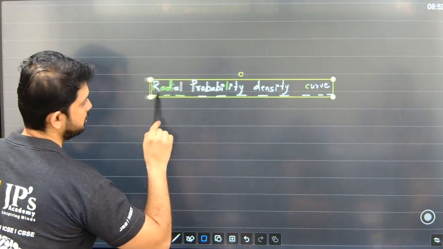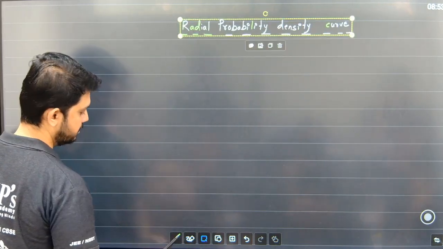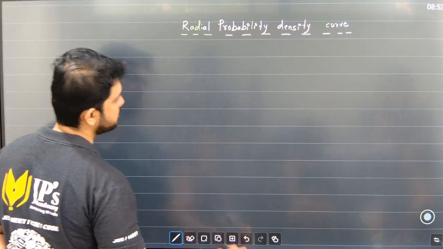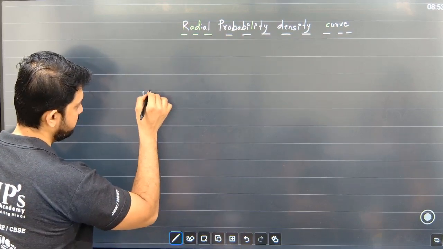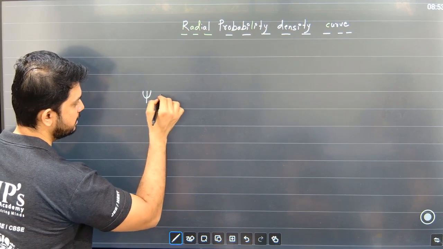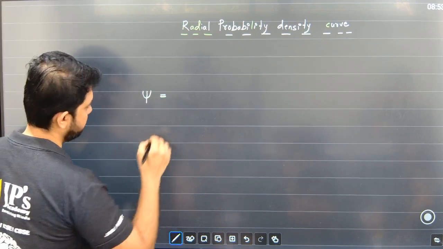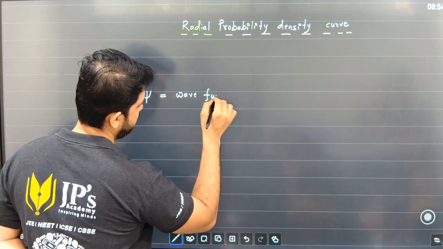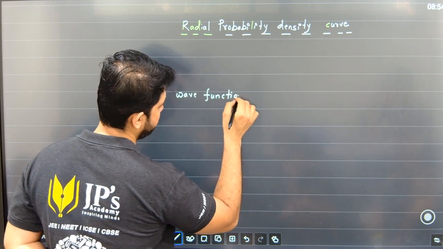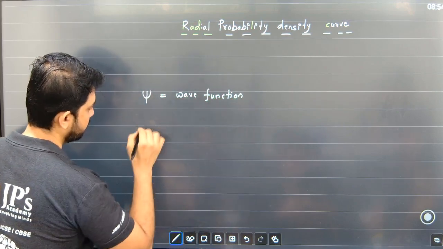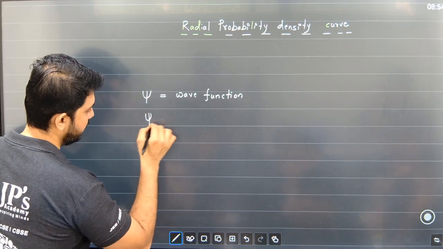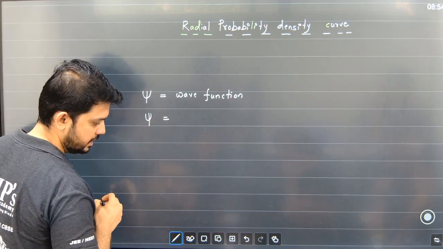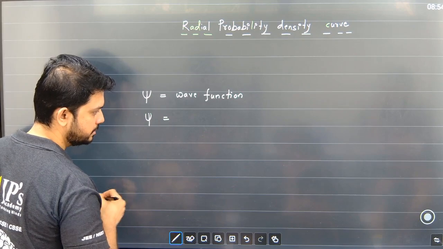Okay. Let's recollect a bit what we've done in the previous lectures. Can someone tell me what is psi? Excellent. Wave function, or you can call it amplitude of the wave. And psi has two parts. Anyone remembers what were the two parts?